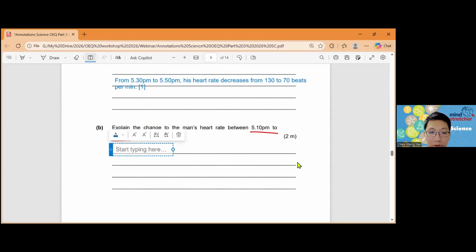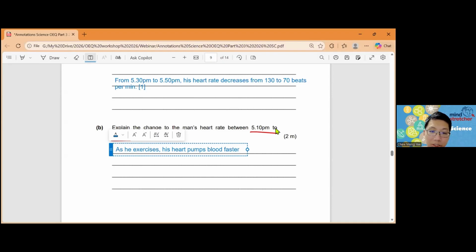So when he exercises, the heart must pump faster. All right. So what you can write here is: as he exercises. This is just to say that he's exercising during this period. As he exercises, his heart pumps blood faster.